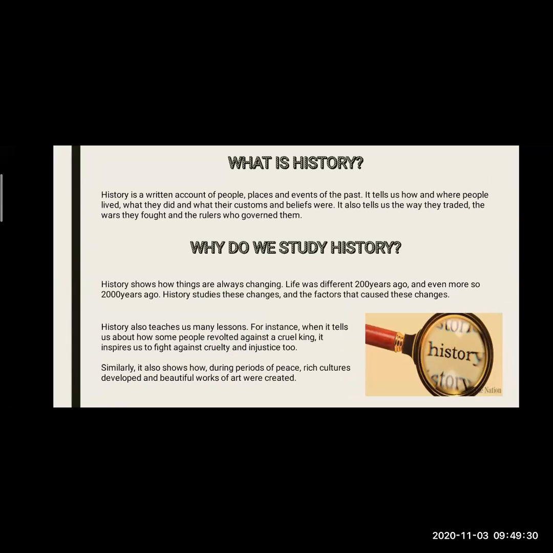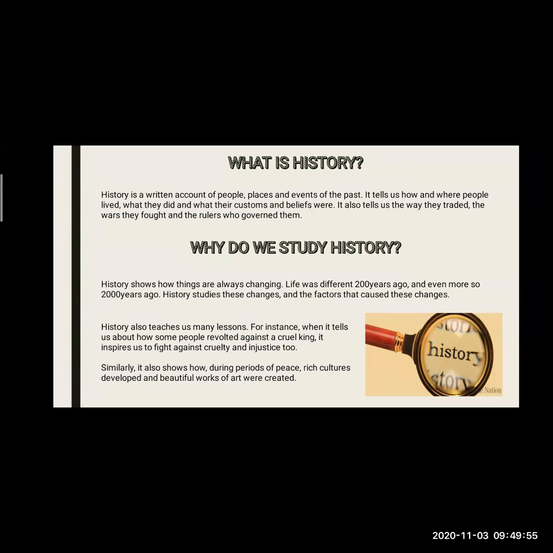Now, what is history? History is a written account of people, places, and events of the past. Basically, history is the written account of all the people, the places, and the events that happened in the past. It tells us how and where people lived, what they did, and what their customs and beliefs were.